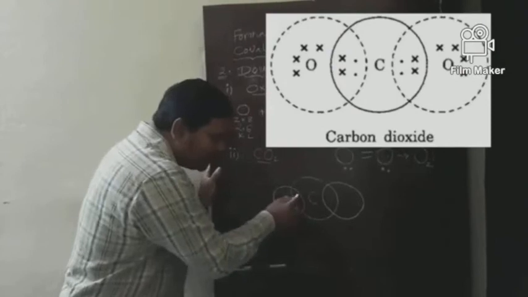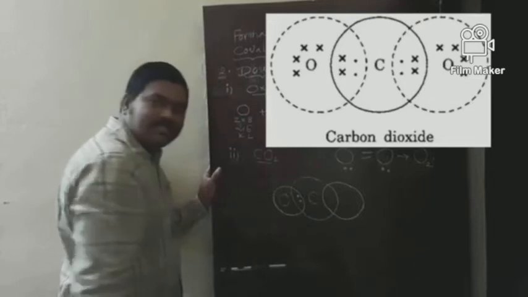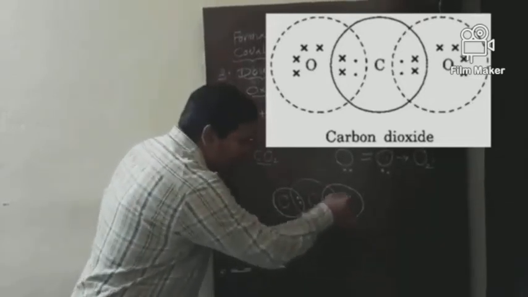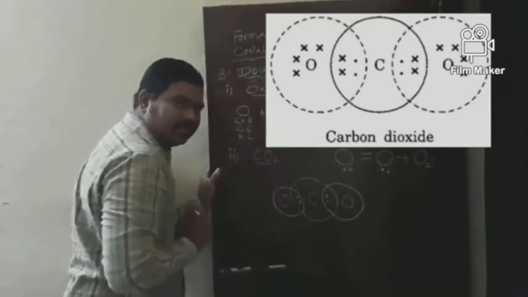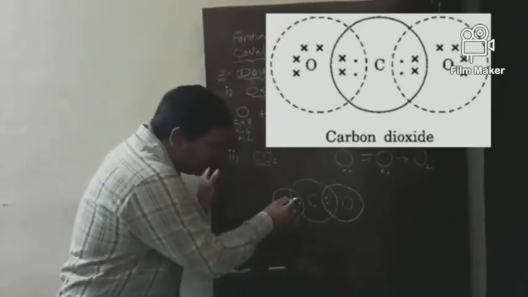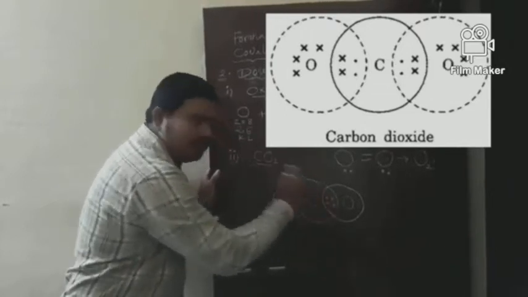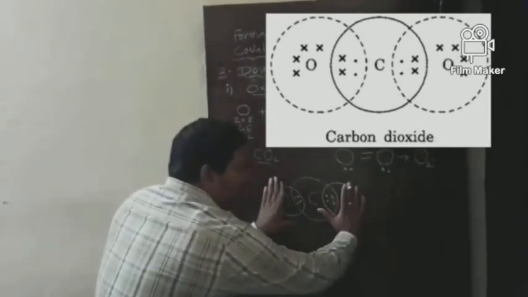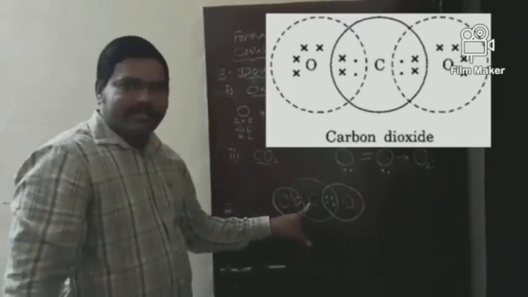Now this carbon contributes 2 valence electrons for the sake of the first oxygen, 2 valence electrons for the sake of the second oxygen, and this is the common position, also called the overlapping position. And from the oxygen side, the requirement is 2. So each oxygen contributes 2 electrons for the sake of its bond pair. After bond formation, this carbon has 8 electrons, and it attained stability.